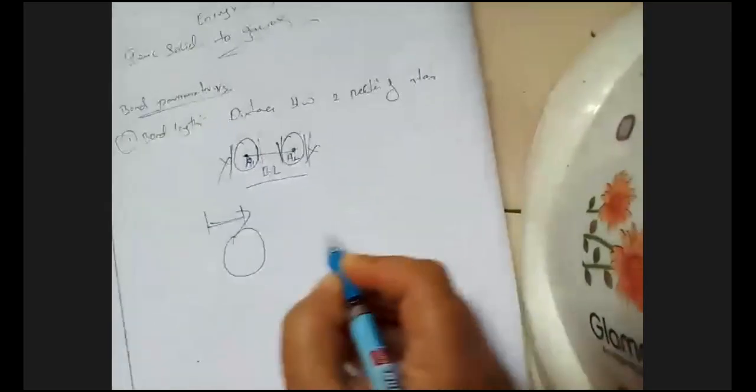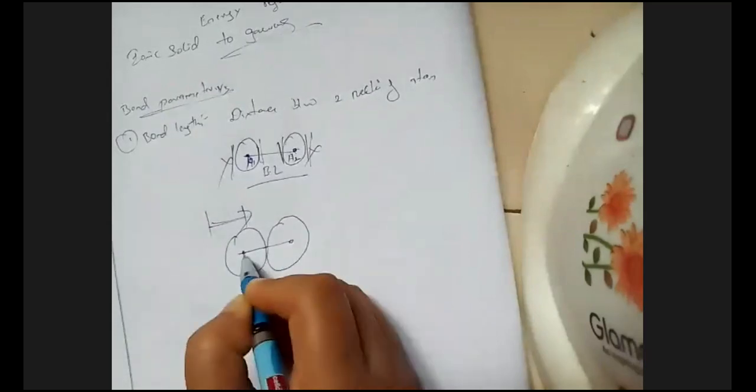So if we are talking in terms of covalent bond, covalent radius is a distance between the same atoms. Covalent radius means this is your covalent radius. So we can say if the bond is covalent, then the covalent radius is equal to the bond length.